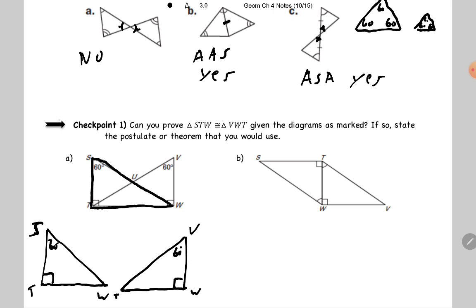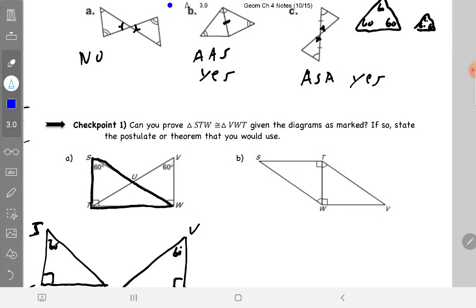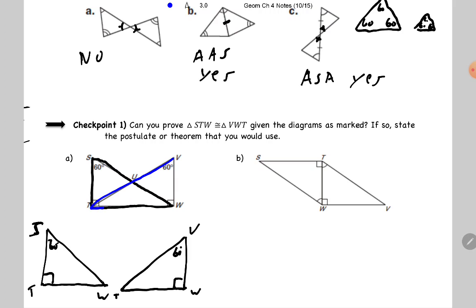So notice, let me draw the other triangle in blue. There it is. So notice that they both share the bottom side. So that side is congruent to that side. That means we have angle, angle, side. We have two angles, and the side that's not included.